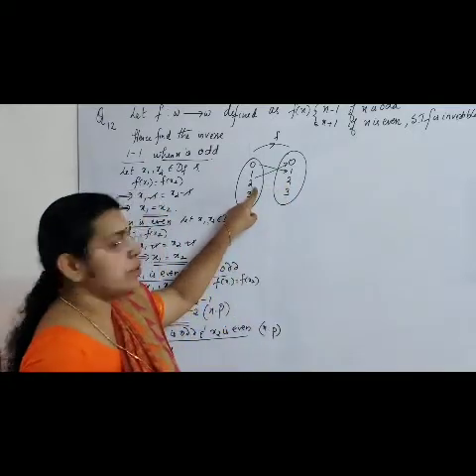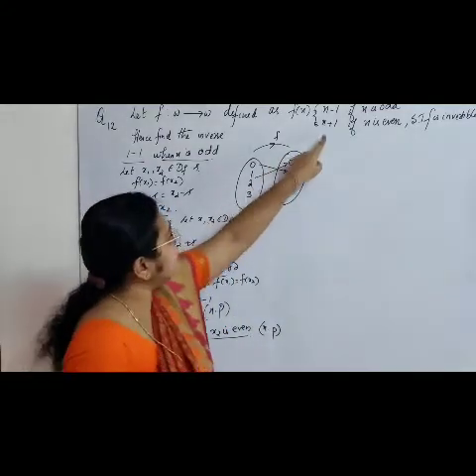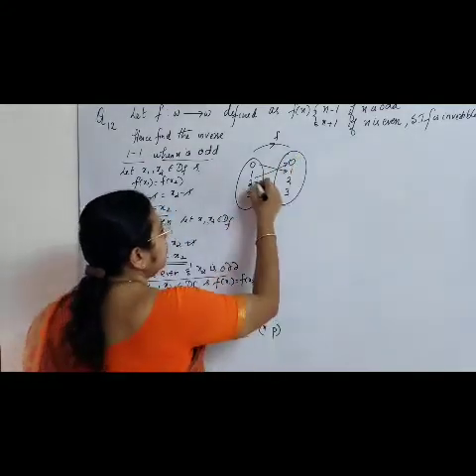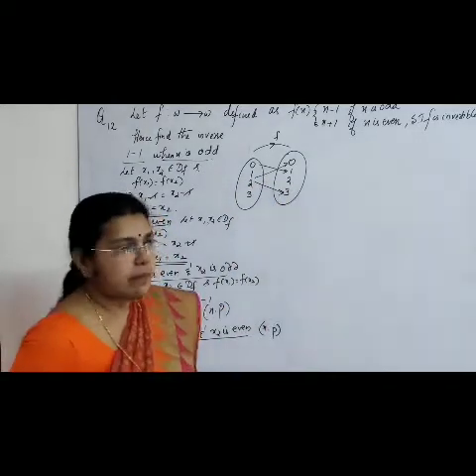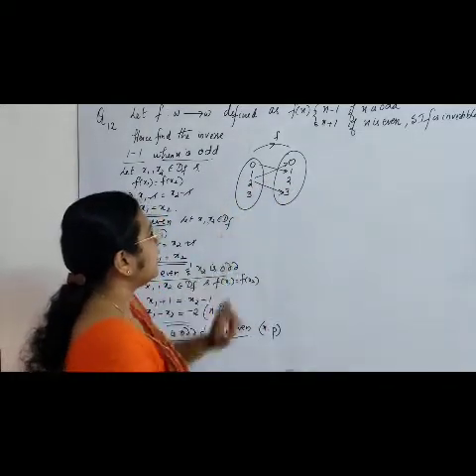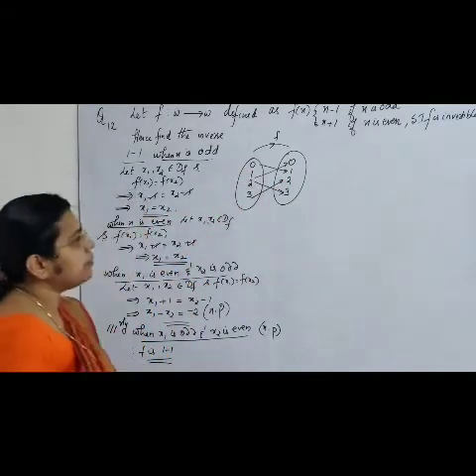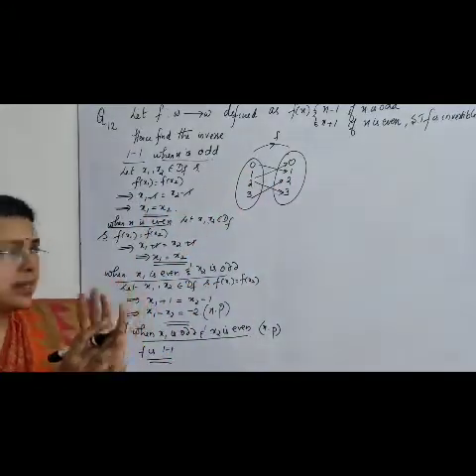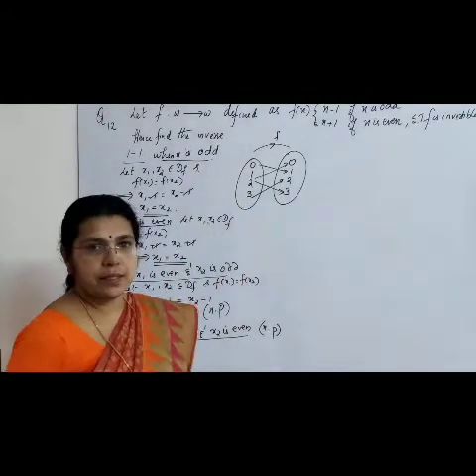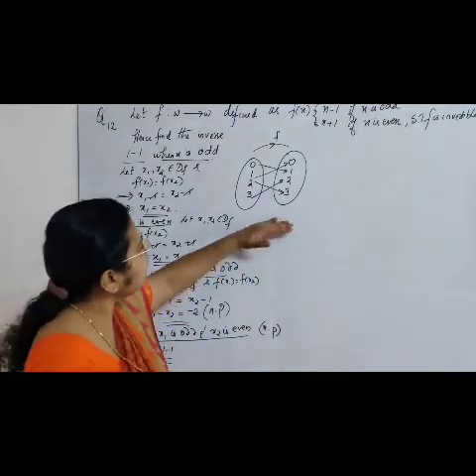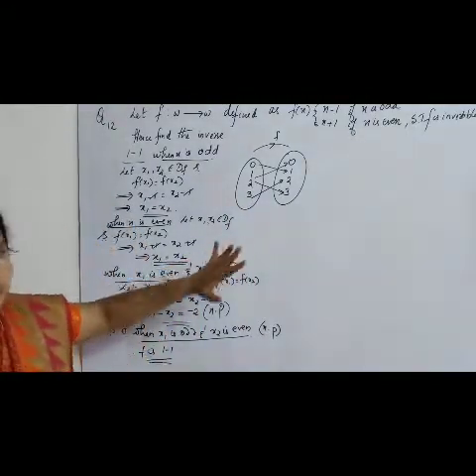Then comes 2, an even number, so 2 plus 1 is 3. Next is 3, an odd number, so 3 minus 1 is 2. So when you look at the first 4 numbers itself, we can see that there is a 1-1 ontoness. So you can say that the function is onto.